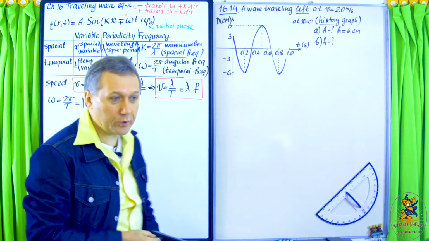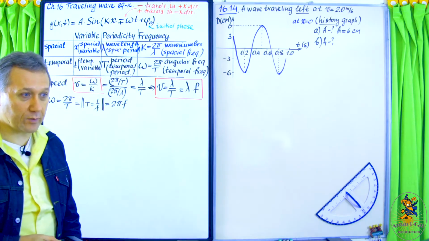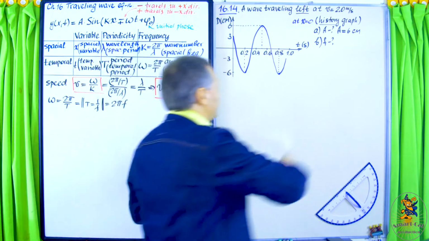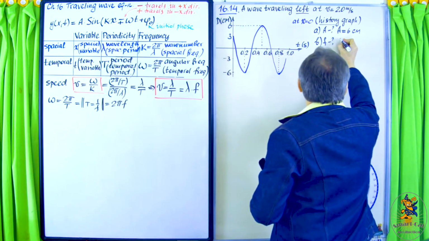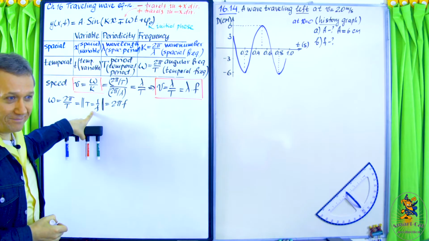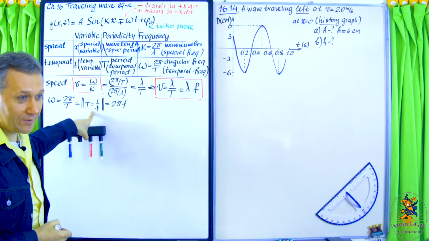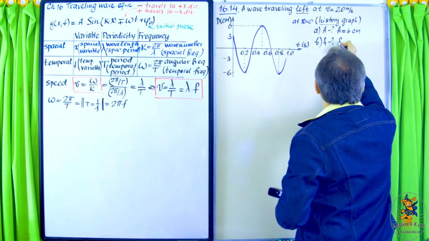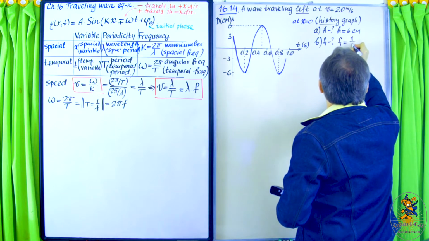Frequency is a temporal quantity. You should be able to get it from the graph easily. So, since f equals, you remember, 1 over T, the reciprocal of the period, let's try to find the period. f equals 1 over T.